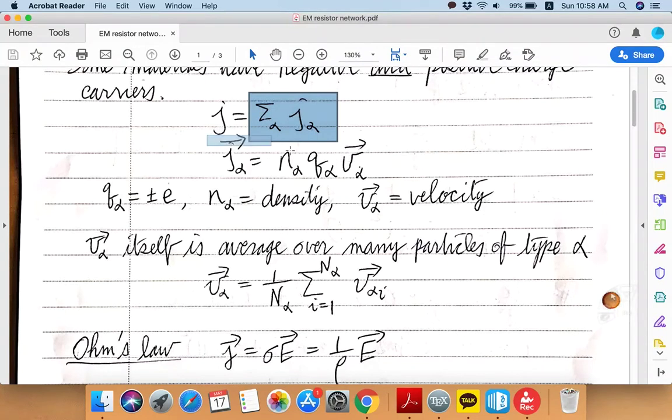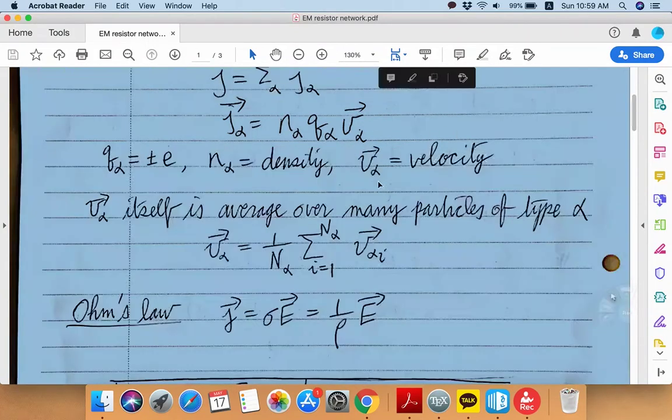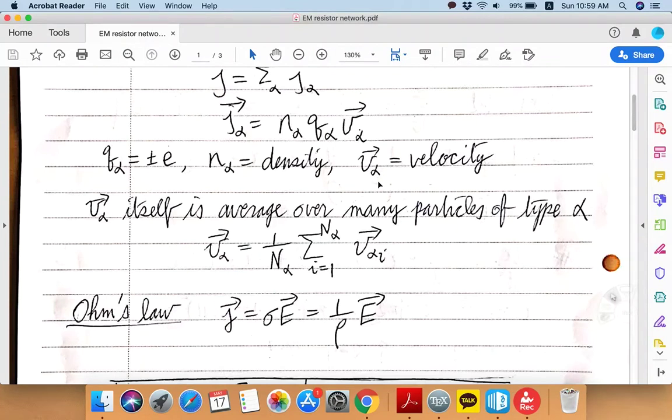And each current density vector is given as the product of its own charge density, n alpha, multiplied by its own carrier charge, q alpha. And q alpha can be either positive or negative e, depending on whether the charge carrier type is hole or electron. And then, of course, there is the velocity of each carrier type.